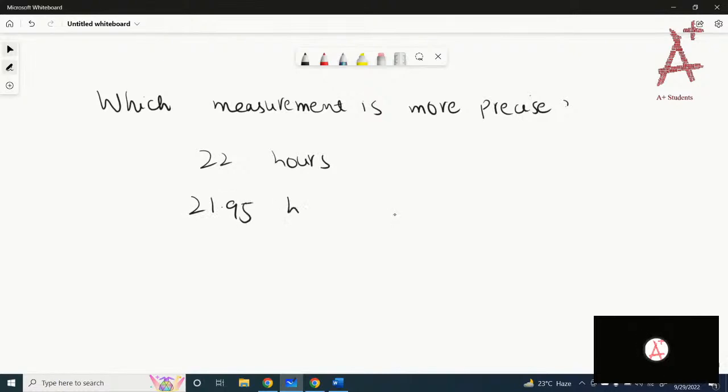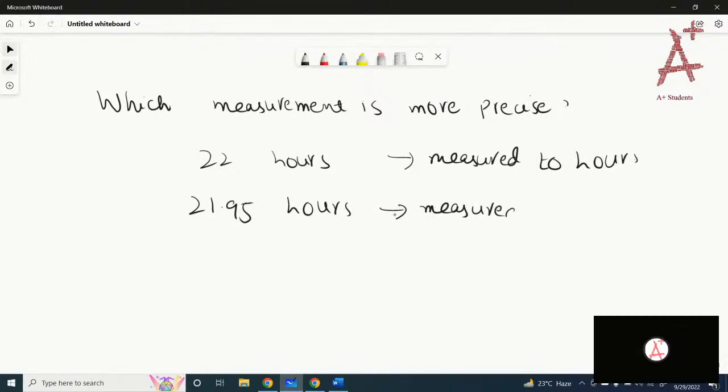You need to see which of them is more precise. The 22 hours is measured to hours, and the second one, 21.95, is measured to the hundredth of an hour.